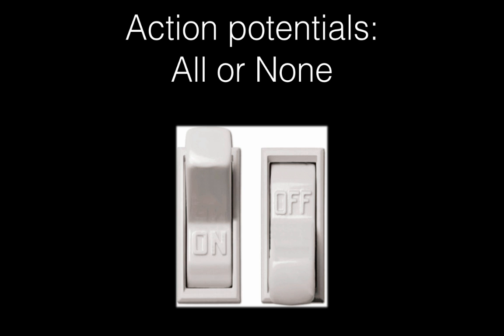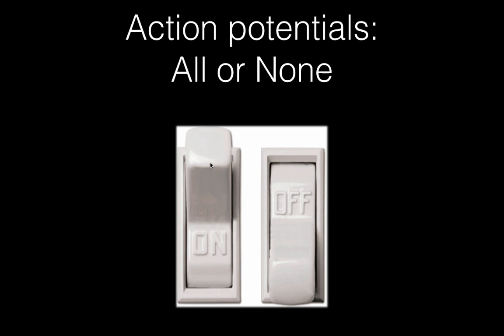Another potential that is commonly seen in activated neurons is the action potential. Action potentials are described most often as all or none. That means that either you will have an action potential or you will not. It is like the basic light switch that most of us are used to.